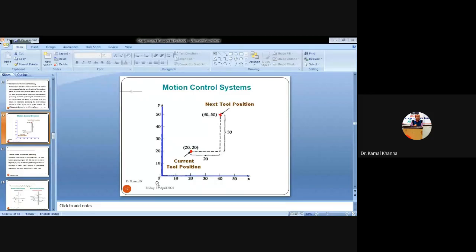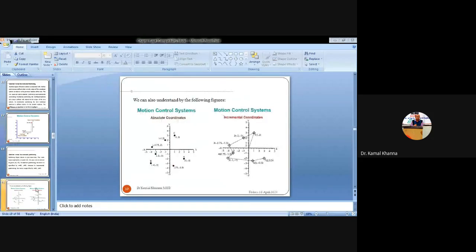Whereas in the incremental coordinate system, you can see here this is the origin in the case of the absolute coordinate system. All these points, the C point, this A point, this B point, are measured from the single origin point, 0, 0.